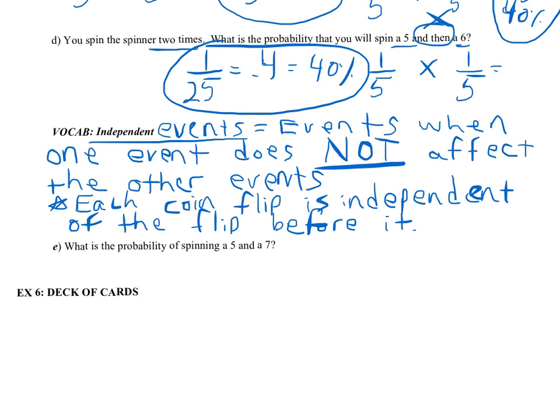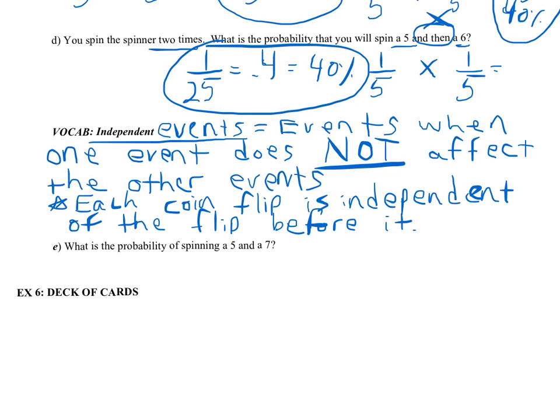All right. Let's look at E really quickly. What is the probability of spinning a 5 and a 7? Now, read this carefully. A 5 and a 7. You may be thinking, oh, it has the word and, so I just need to multiply those. But think about this. Read it carefully again. How many times are we spinning the spinner on this one? We're only spinning it one time.